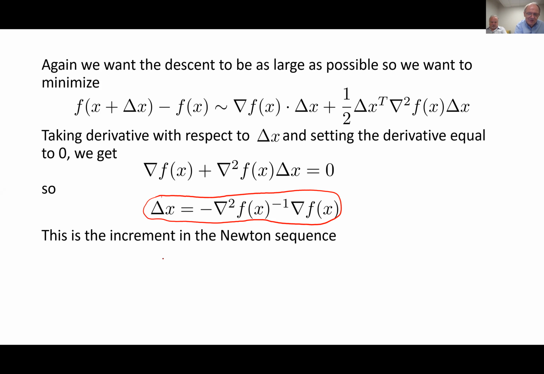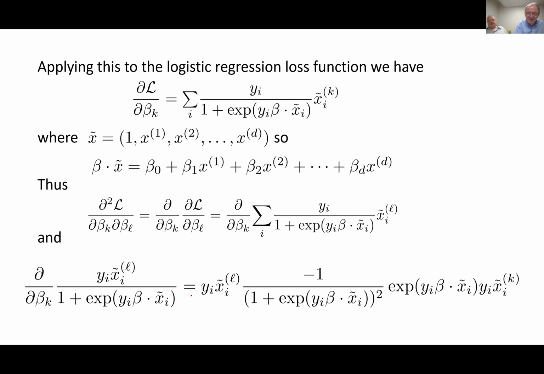We start with some x, compute this delta x, and the next point is x plus delta x. Then we do the same with this new x1: x1 plus delta x1 is x2, and we continue this way. That is going to converge to a minimum, and it converges very, very fast.